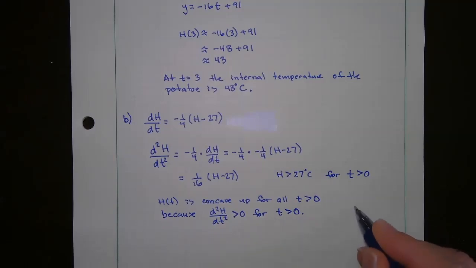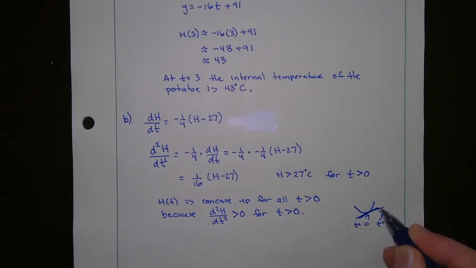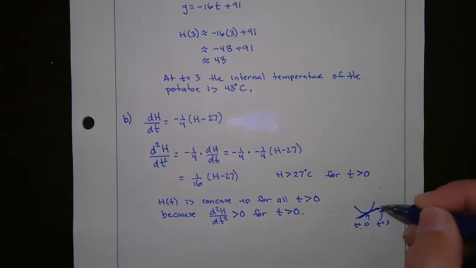So we have a function that's concave up, and we have a tangent line. This is the actual function, and this is our estimate. We're off because we found this at 0. If this is t equals 0, t equals 3 would be somewhere right in here, and there's a gap between the two: the actual value, which would be right here, and the estimate we did with the tangent line.